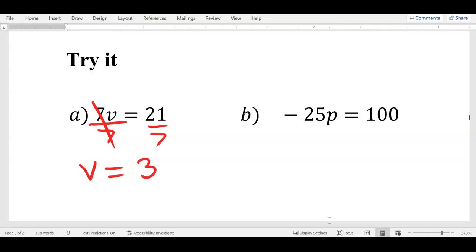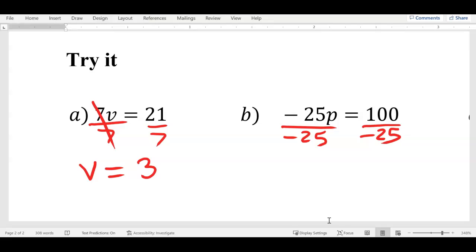You see that minus sign, you think I have to add. But please remember, this is a coefficient. It's right in front of this, and what's happening right here between them? They're being multiplied, so we're going to have to divide. Even if it's a negative coefficient, you have to divide by that number. So we're dividing by what? Negative 25. If I do it on one side, I'm going to do it on the other side.